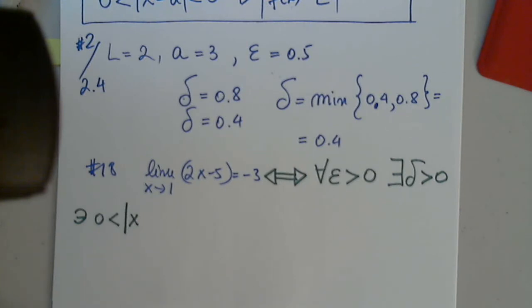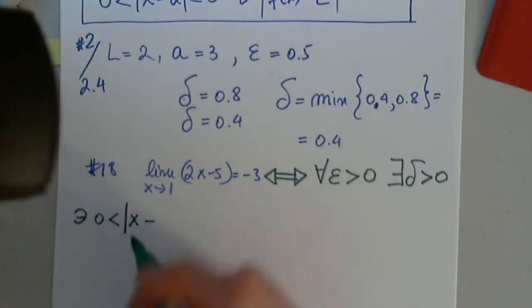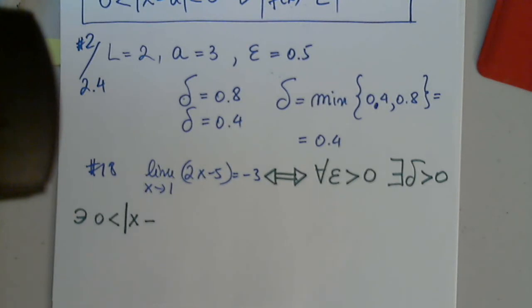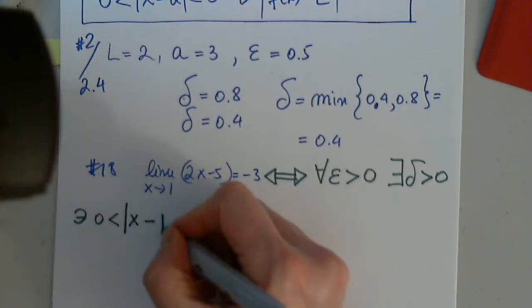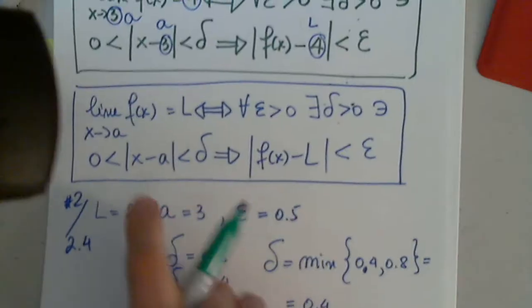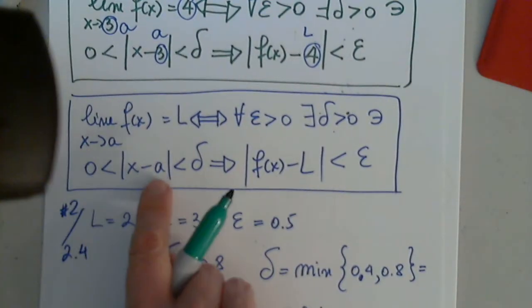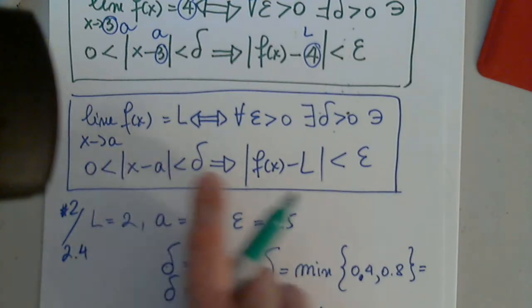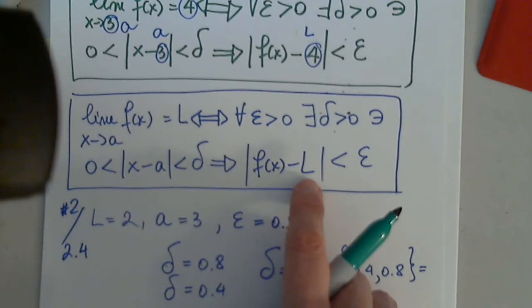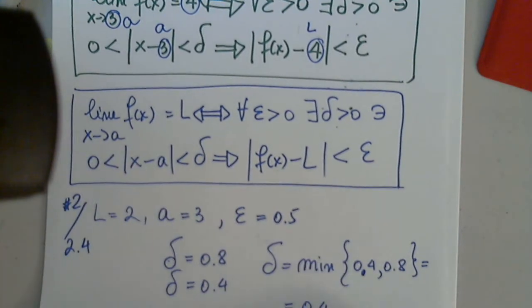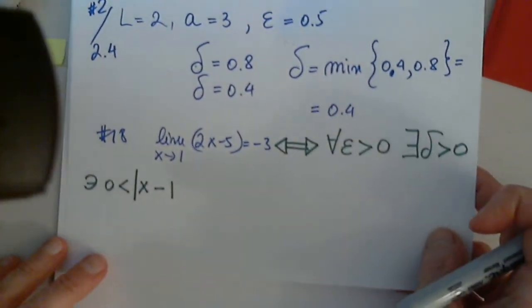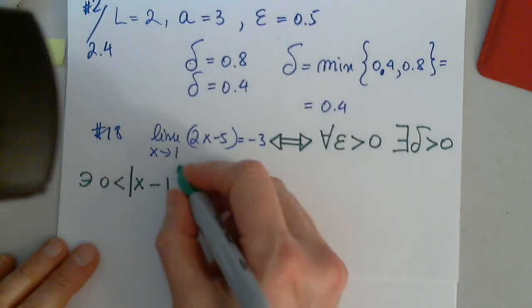It's going to be x minus... 3? It'd be 1. Very good. So we already talked about that this is x, this is a, this is the function, and this is the limit. Are you with me, everyone? Okay, less than.